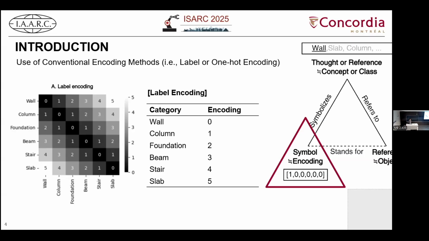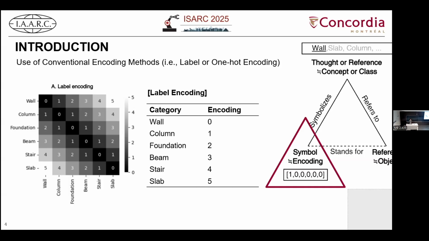For example, when we train AI models, we typically follow conventional encoding methods, which are label encoding and one-hot encoding. In label encoding's case, it just arbitrarily assigns integers to the classes that we want to classify, right?